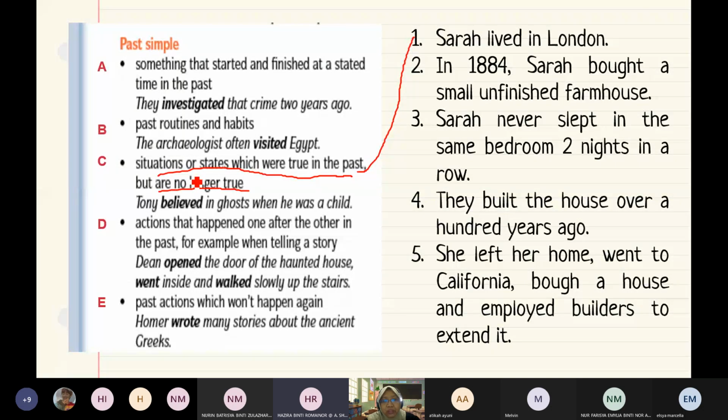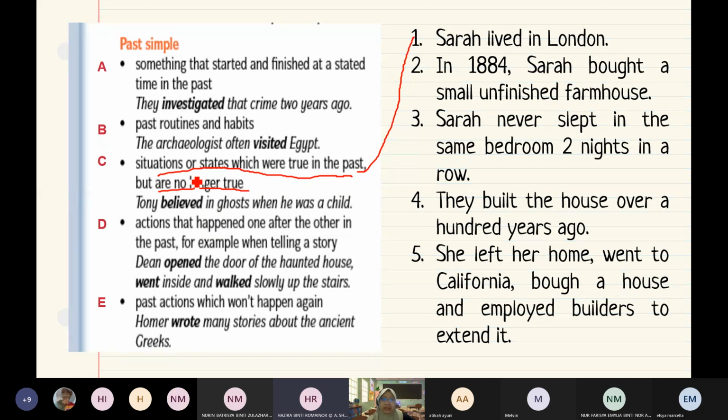So which one refers to sentence number 2? A. Started and finished. Nope. Wait, I need to pick up someone. Siapa lagi yang Nosafika? Right. Atika Umaira, which one is your answer for number 2?